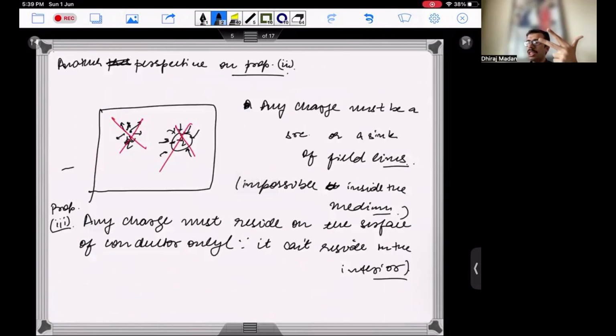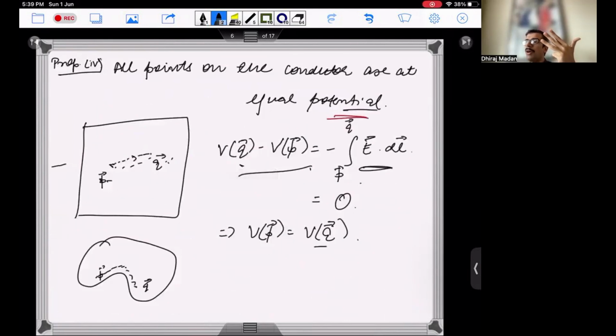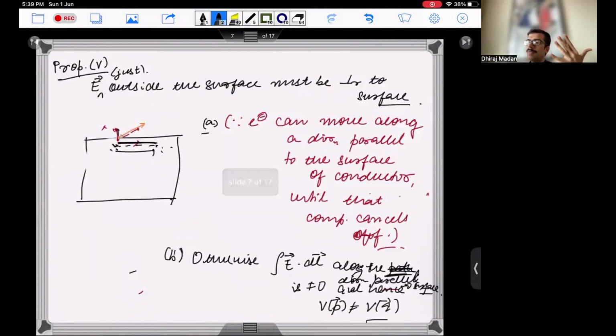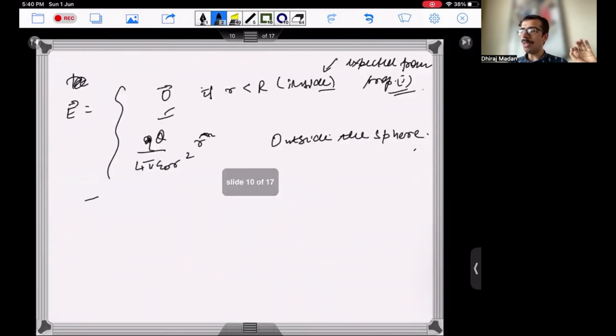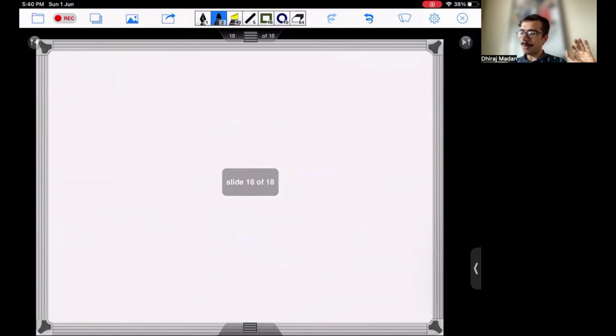Thirdly, any charge which resides must lie on the surface of the conductor. Fourthly, all points of the conductor are at equal potential. And finally, the electric field outside the surface must be perpendicular to the surface. You should always remember these and be able to recollect them as needed.